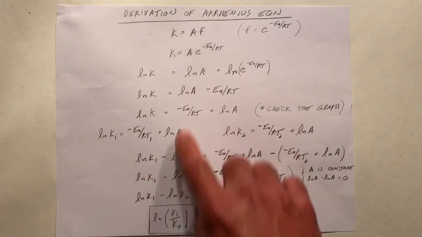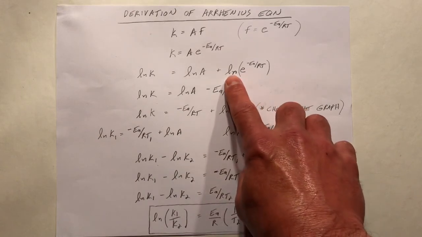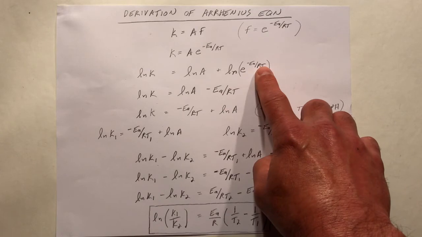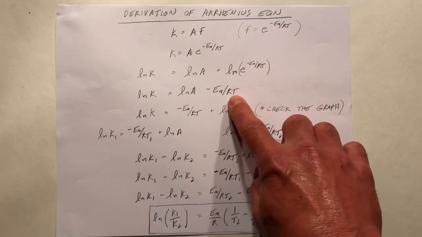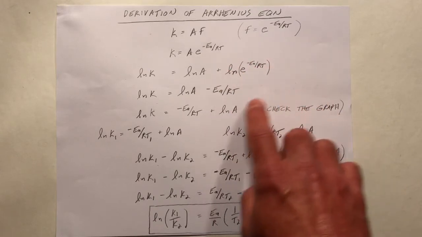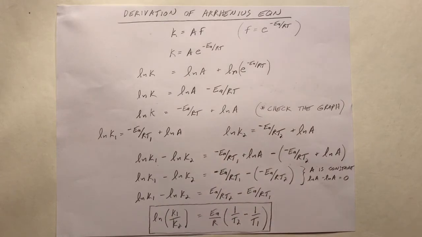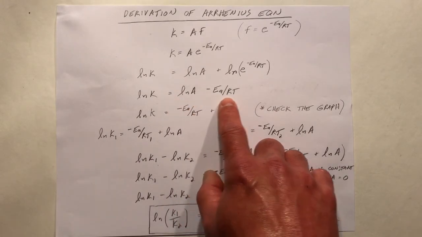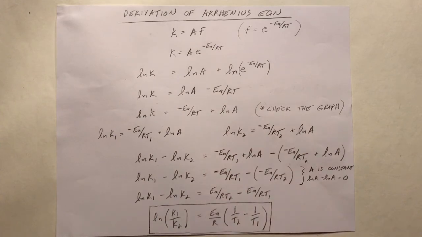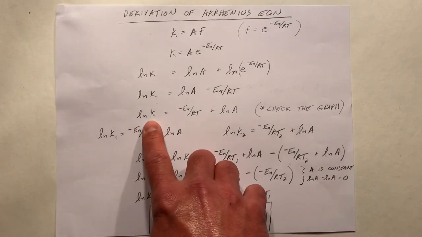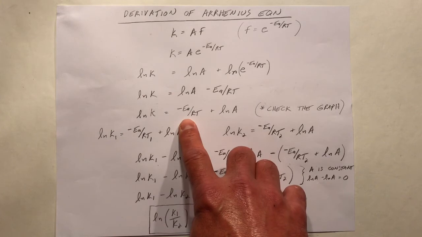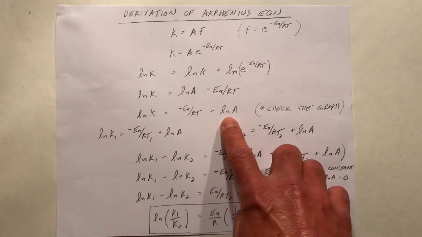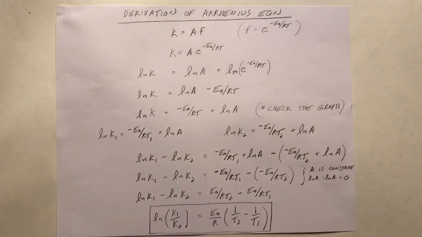We'll carry down the natural log of A, but remember that the natural log of e to the x power is just equal to x. So this right-hand side solves out to be negative EA over RT. That means the right-hand side of the equation is the natural log of A minus EA over RT. Let's rearrange that and say that the natural log of k is negative EA, activation energy, over RT plus ln A.